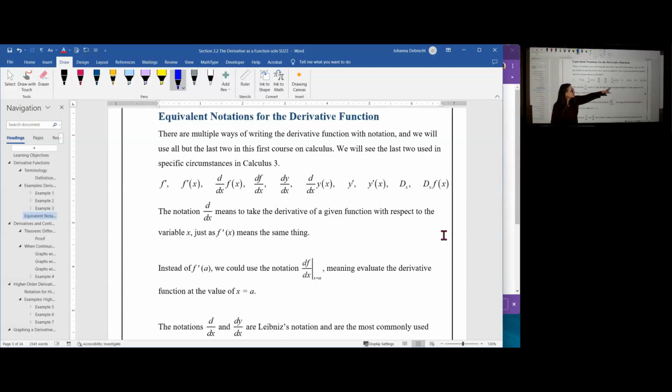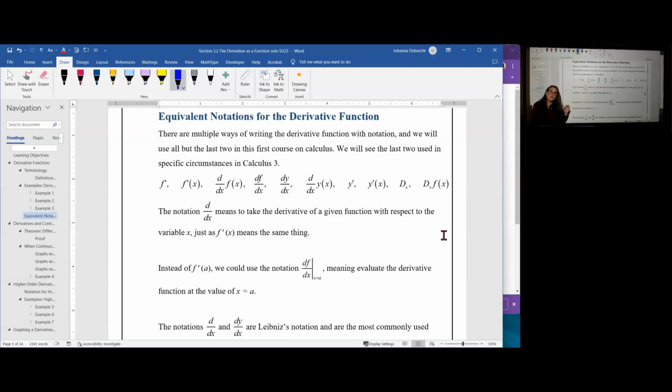You will see those two in Cal 3, but probably not until then. Now, remember that this is one symbol and it represents to take the derivative of whatever function follows it. It means the same thing as the prime notation.